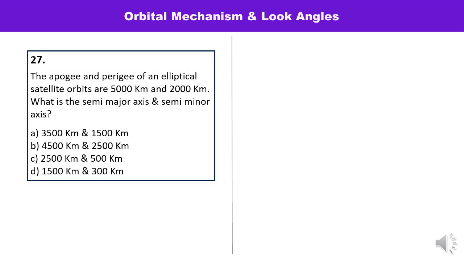Next question is, the apogee and perigee of an elliptical satellite orbits are 5000 and 2000 kilometer. What is the semi-major axis and semi-minor axis?